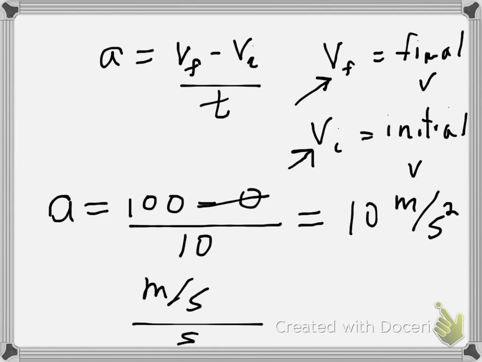So every second that goes along, this car is going to go 10 meters per second faster. So after 1 second, it's going 10 meters per second. After 2 seconds, it's going 20 meters per second. After 3 seconds, it's going 30 meters per second. So every second that goes by, it's going to go 10 meters per second faster.